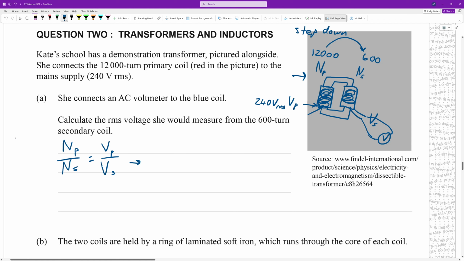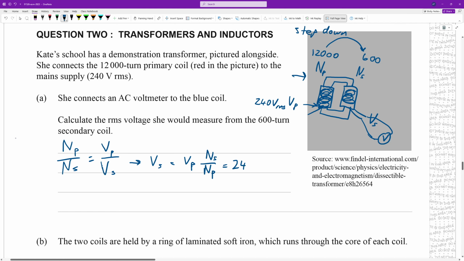So we'll multiply VS across, and we're left with VP. But then we multiply NS across and divide NP across. So NS over NP. There we go. And now we can just substitute in the values.